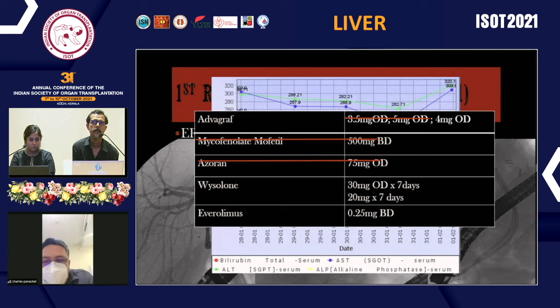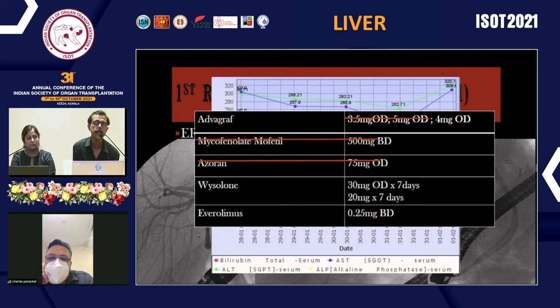I would ideally rebiopsy him before sending him home, because you had a severe rejection. They are not seeing much response with 1 gram steroid for 5 days. So before that I would rebiopsy him, look at the response to the steroid, and then optimize the immunosuppression further before sending him home.